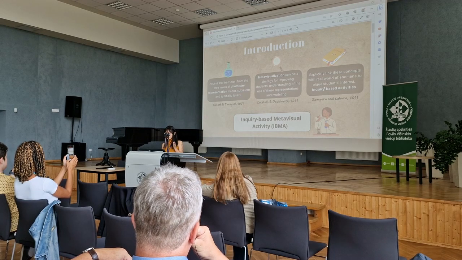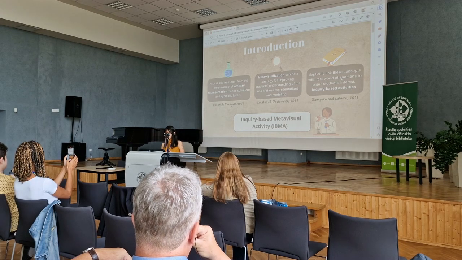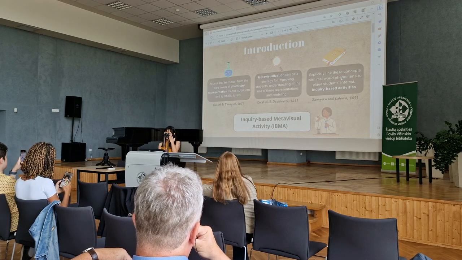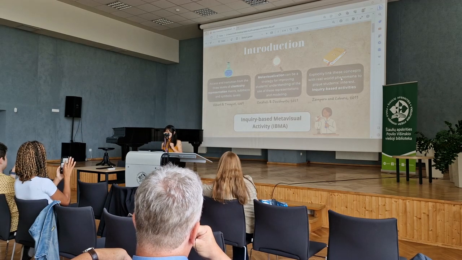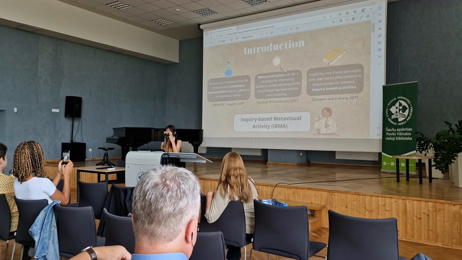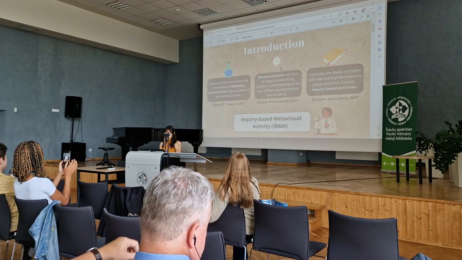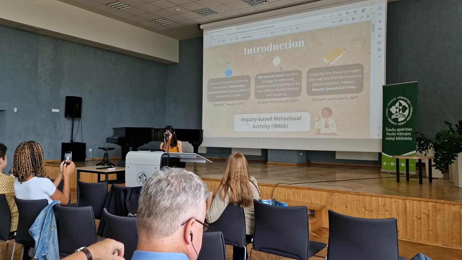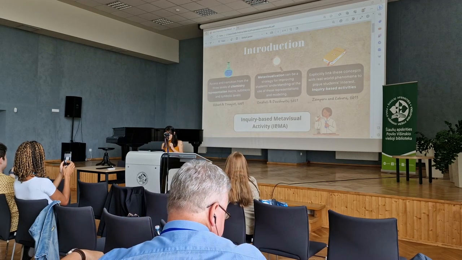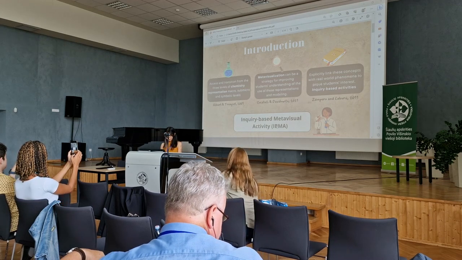In addition, we need to link these concepts with real-world phenomena to pique students' interest. Inquiry-based activities can help in this sense. So we use these concepts and develop an activity we call inquiry-based metavisual activity, IBMA in short.